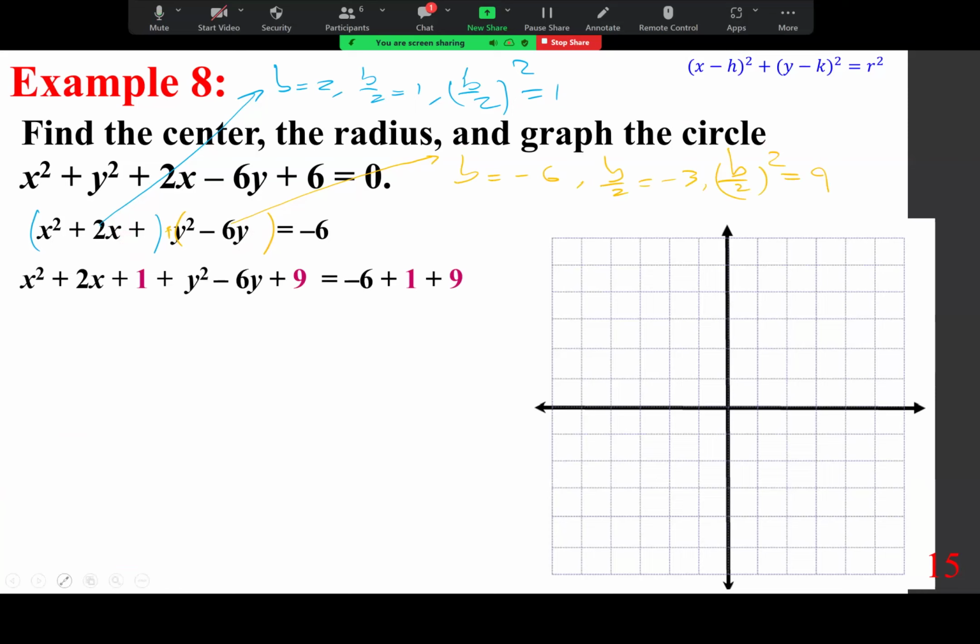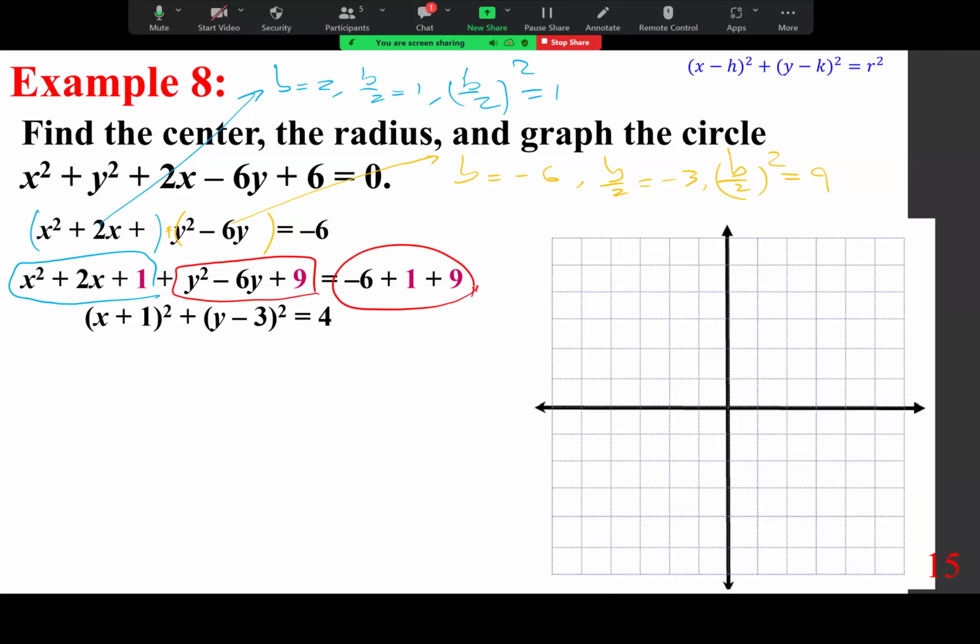So this will give us x plus 1 quantity squared. This will give us y minus 3 quantity squared. And the right side will give us 4 or 2 squared.